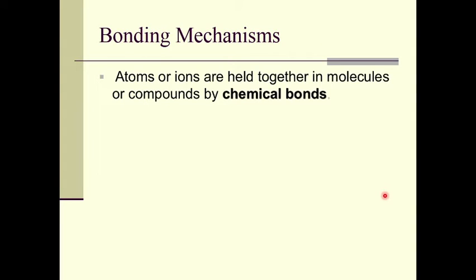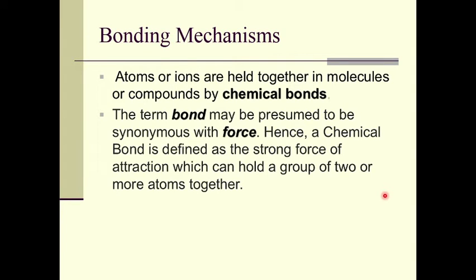Atoms or ions are held together in molecules or compounds by chemical bonds. So chemical bonds hold together the different atoms or ions in the molecule. The term bond may be presumed to be synonymous with force.